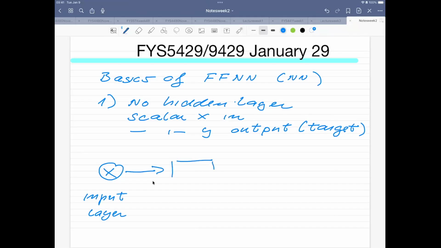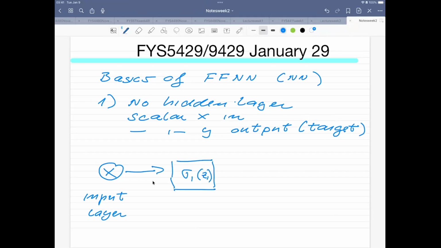This is actually just going to be the final stage because there is no hidden layer. But in here we are going to have some function, and I'm going to label that with a sigma 1. This receives an input z1.